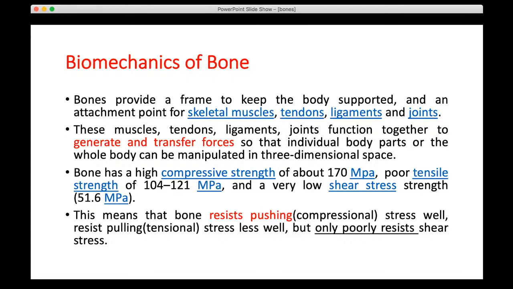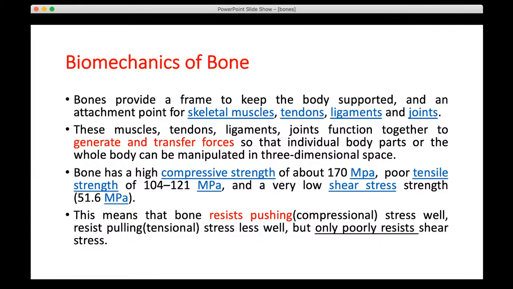So this means that bone resists pushing forces well because it has good compression strength. Number 2, it cannot fully withstand pulling stress, but comparatively, as compared to shear stress, it can withstand to some extent, and it is weakest in the case of shear stress.